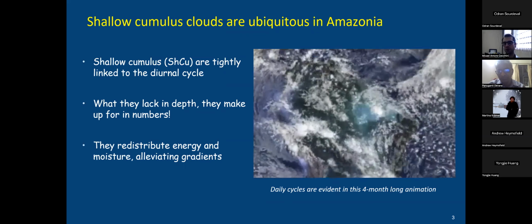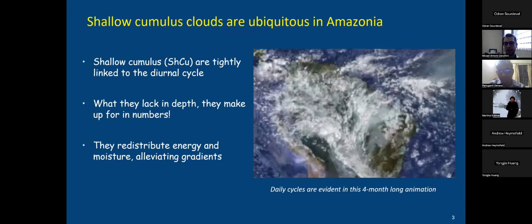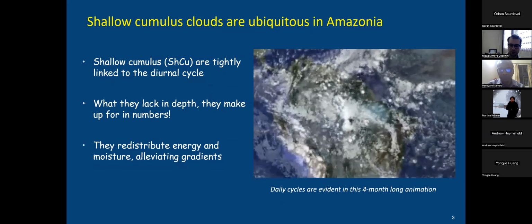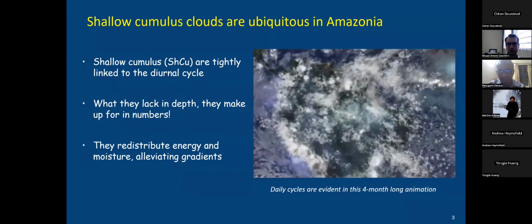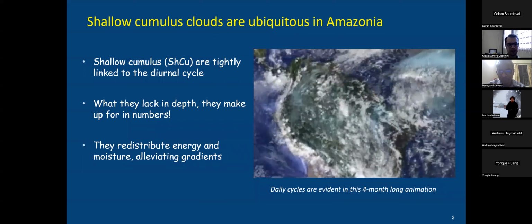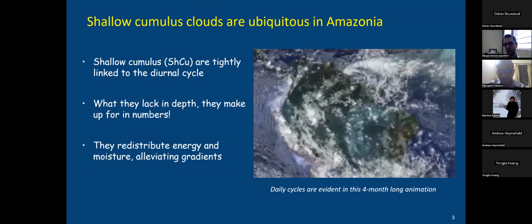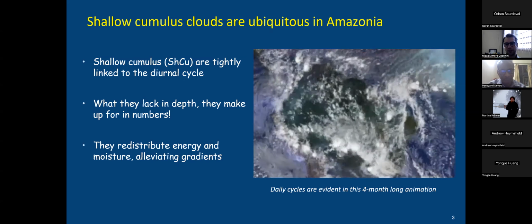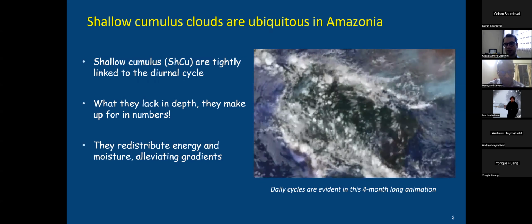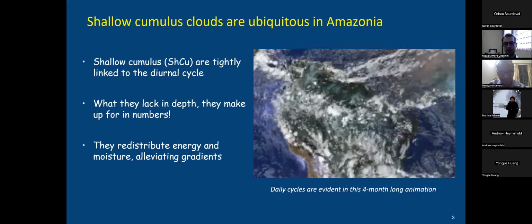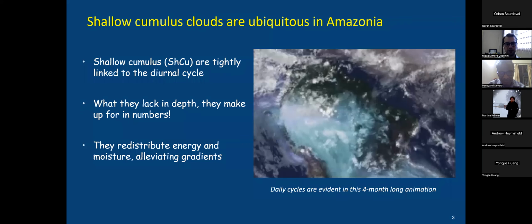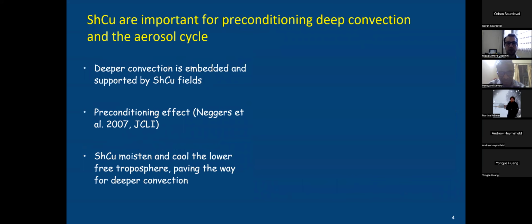And they also contribute to redistributing the energy both vertically as well as horizontally. So I would say the shallow clouds are quite important for the Amazon climate as well as for the global climate. And we can see the same thing about shallow clouds in other regions, right, for different mechanisms. But just to highlight how important the shallow clouds can be.